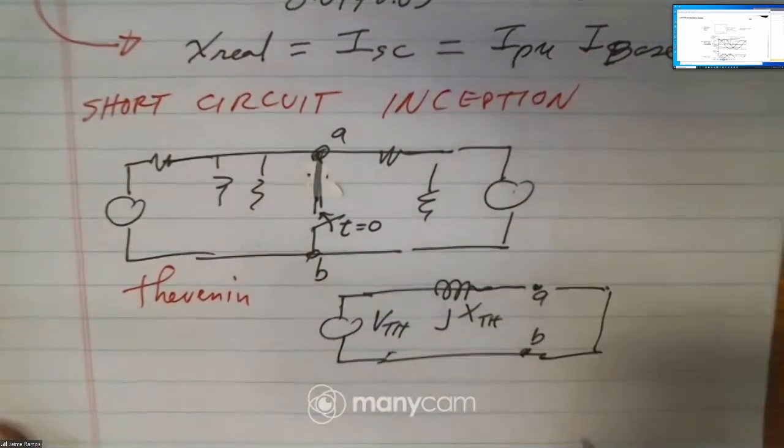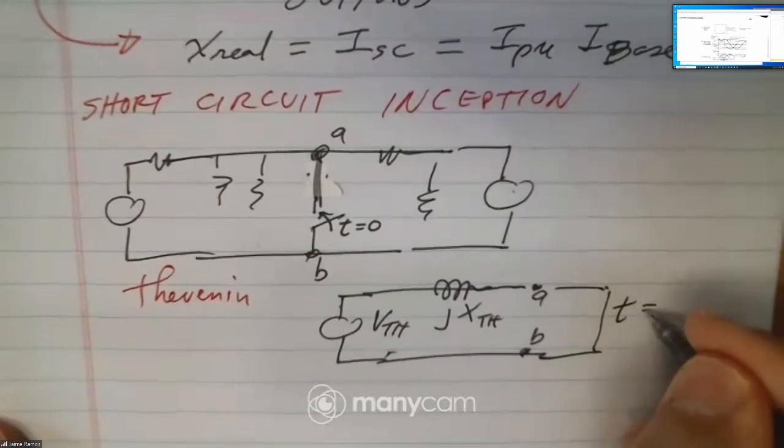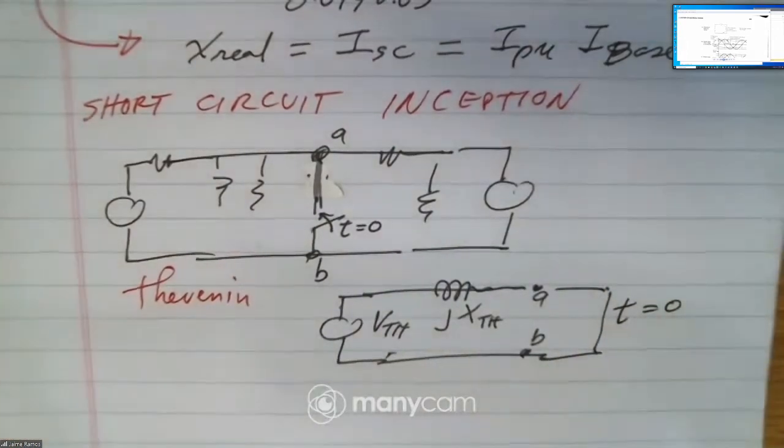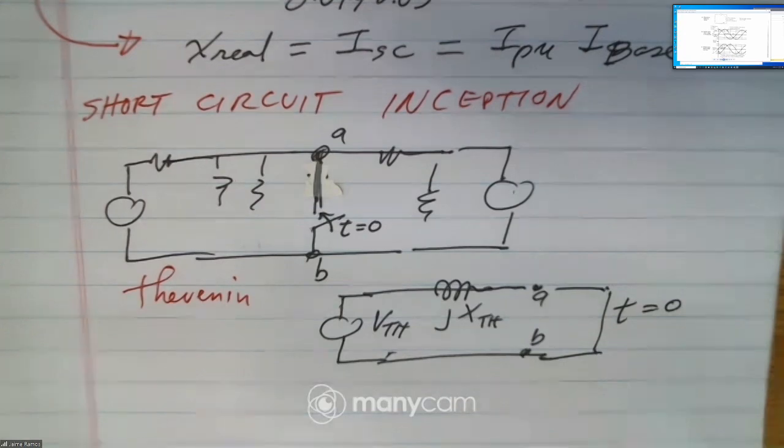When the switch is closed, this inductive reactance is the Thevenin impedance. In these two plots, we see the voltage wave and the current, and the current is lagging.